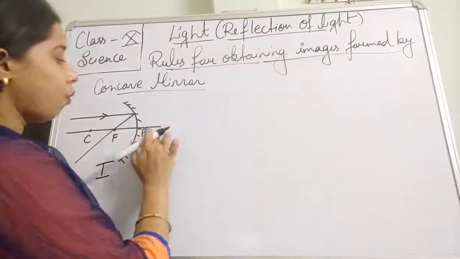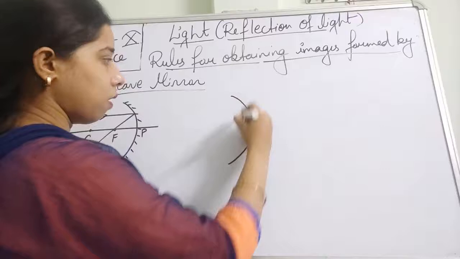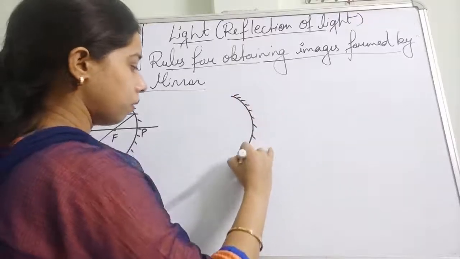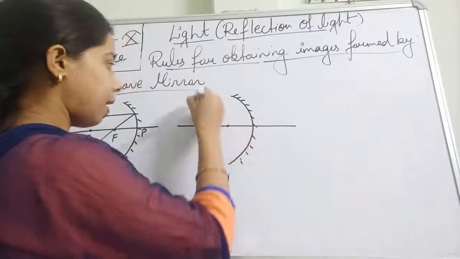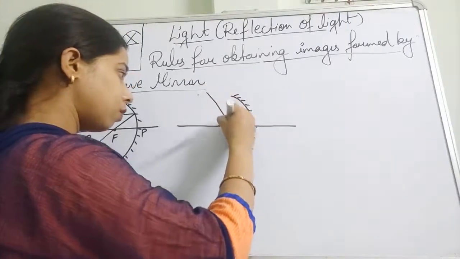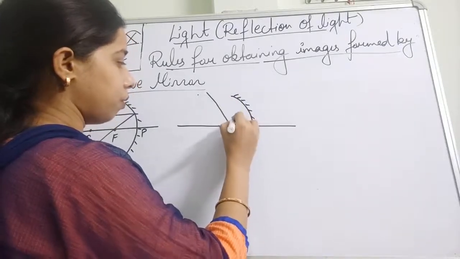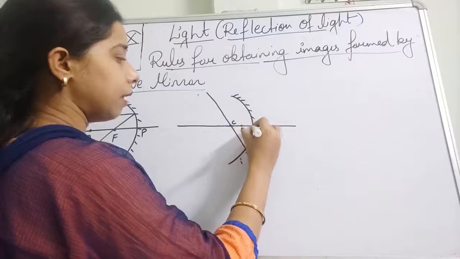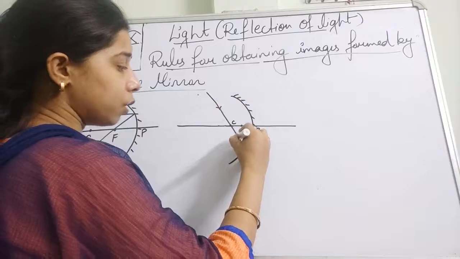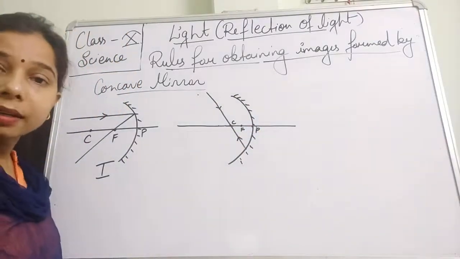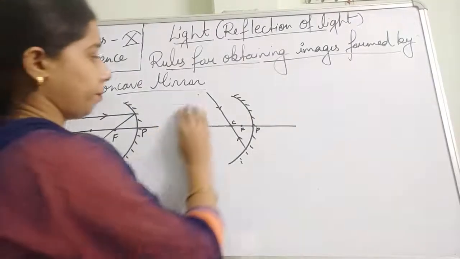The second rule was, when a ray of light passes through the center of curvature, this is the center of curvature, this is the focus and this one is the pole, it will go back in the same direction.